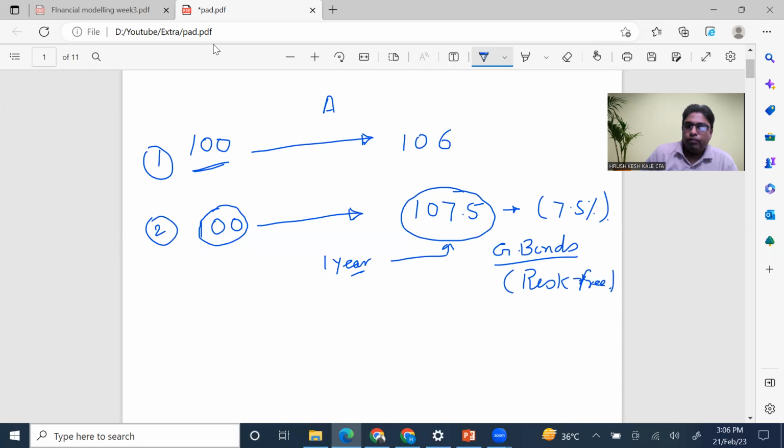Means what? If you invest 100 rupees in a business and you earn 106 rupees, you are not in profit, but you are actually in loss. And loss by how much? 107 minus 106, that is you are in loss by 1.5 rupees.